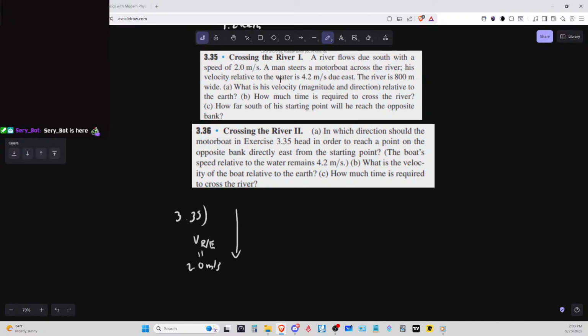And then we have a man who steers a motorboat across the river at a velocity relative to the water, and they're going east.